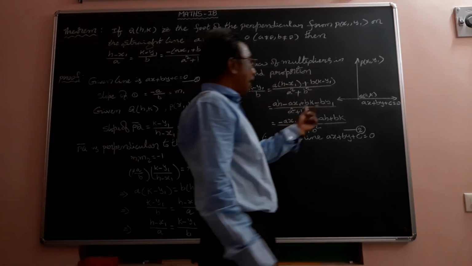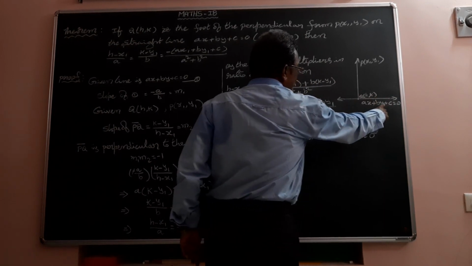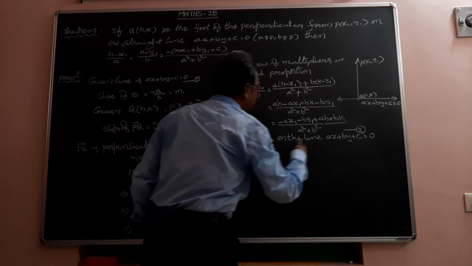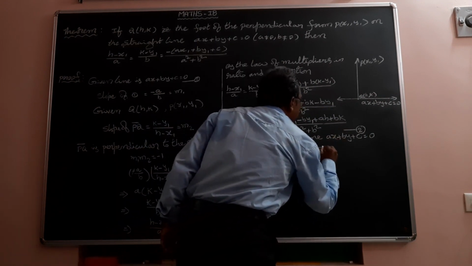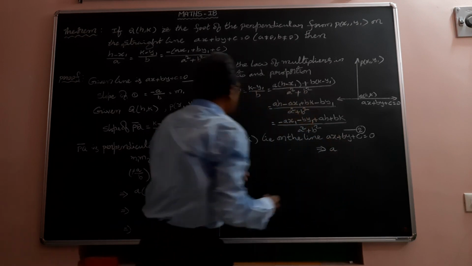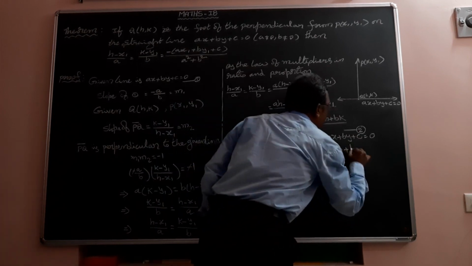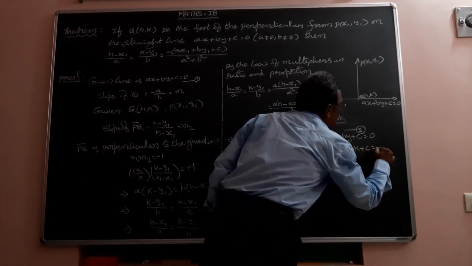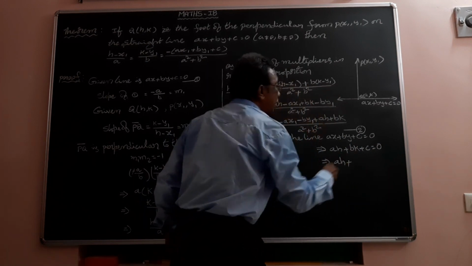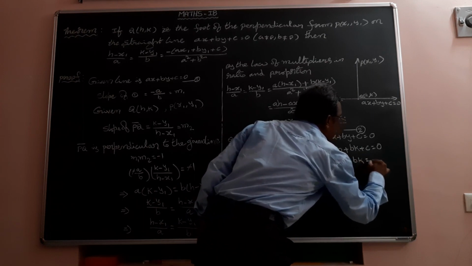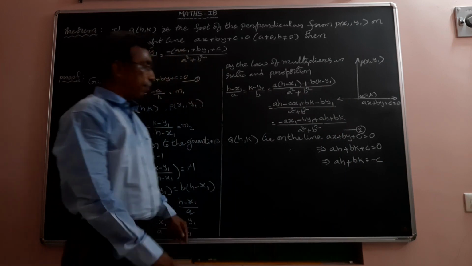This point lies on the line, which means we substitute this point in the line equation. Now substituting, a into x means h, plus b into y means k, plus c equals 0. That implies ah plus bk equals, taking c from LHS to RHS, minus c.